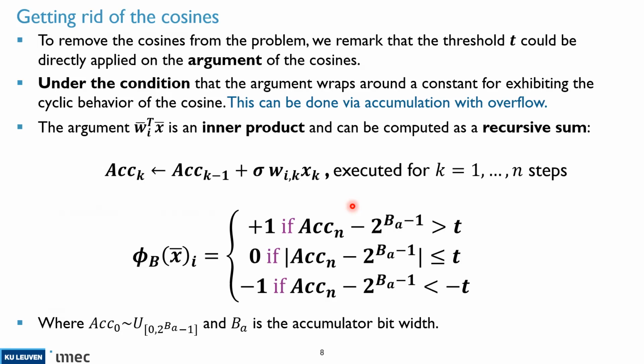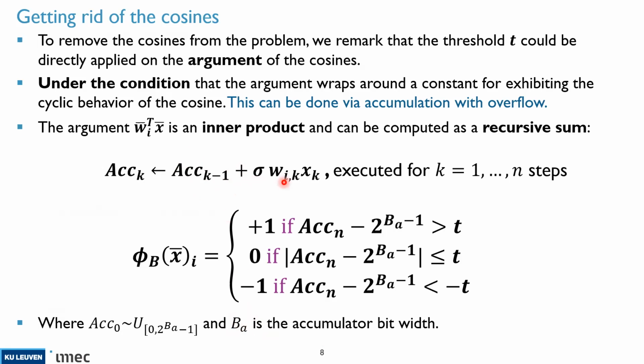We can, in fact, achieve that cyclic behavior by computing this inner product that we saw in the random Fourier feature mapping using a cyclic accumulator with overflow and underflow. So we would simply have a certain accumulator defined on BA bits, for example, as its precision.